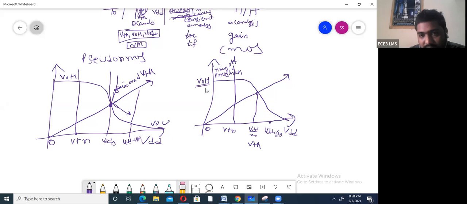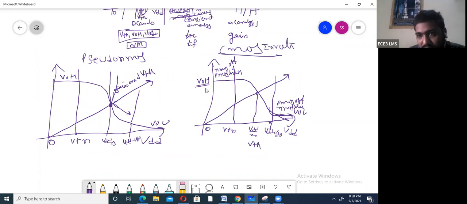From the linear current equation you have to solve VOH. So to find out VOL, here this is high, this is low, VOL. Then here what is happening? Exactly the opposite. So PMOS is off and NMOS linear. This is for CMOS inverter design.